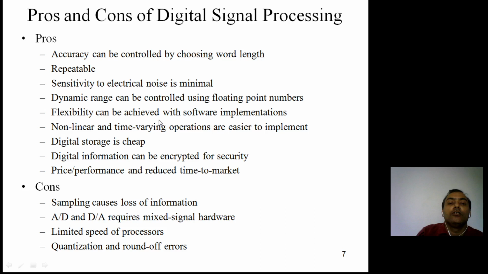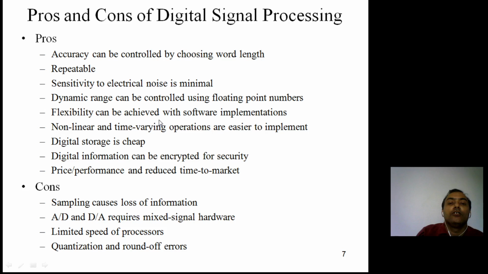But in analog signal processing, it is not possible. And non-linear and time-varying operations are easier to implement. So this is also a very important feature over analog signal processing. That is why digital signal processing is more preferred.